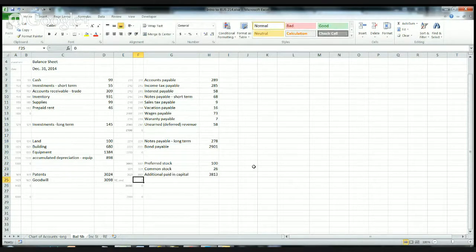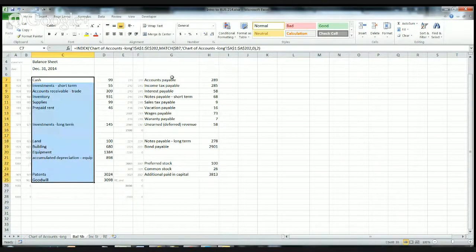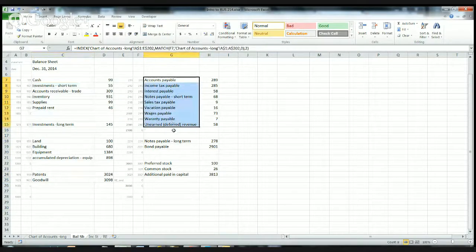Okay, so this would be an investment by the owners, and this would be borrowed money. So our two sources of money to buy these things, the assets. If we don't buy assets, where do we get the money? We can borrow it, or our owners can invest in it.